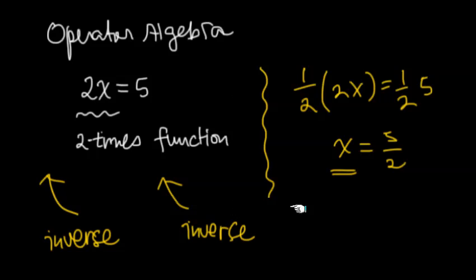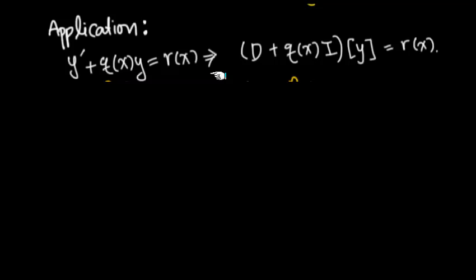So this is a very simple example, but that's what we're going to be doing algebraically to our differential equation. I'm going to look at this first order linear differential equation, y prime plus q(x) y equals r(x), where q(x) is a known function in x, and r(x) is also a known function. This is where we started.